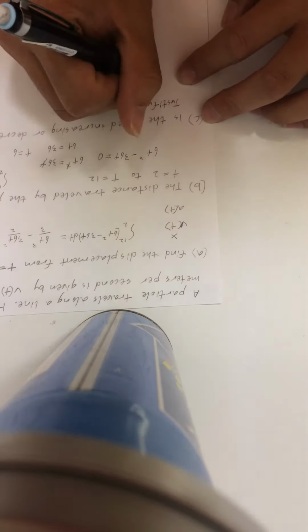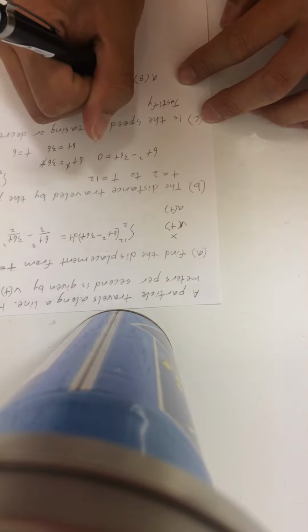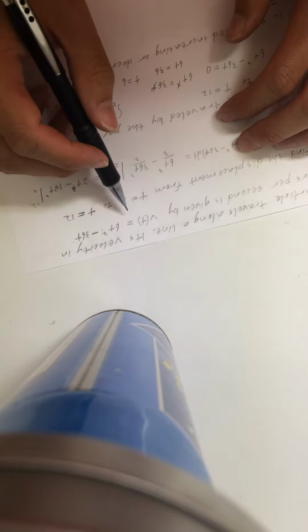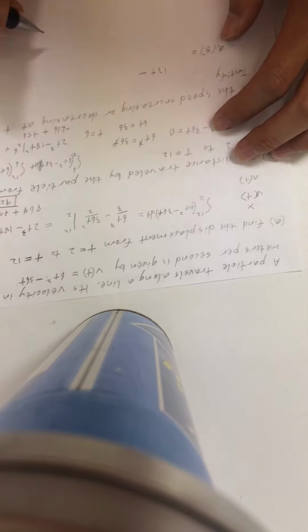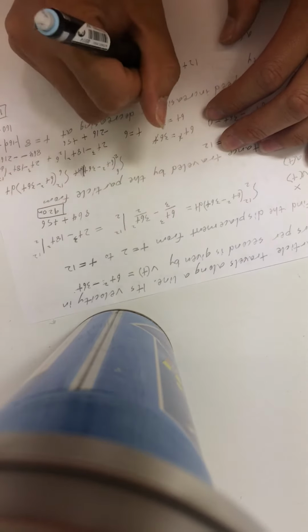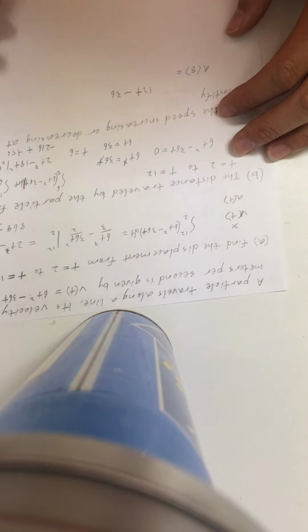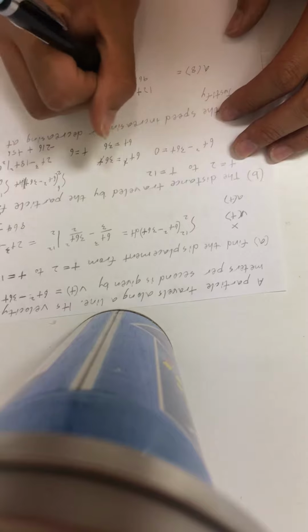So with this, acceleration at 8 would equal taking the derivative of this, which would be 12t minus 36, and putting 8 in for t, that would give me 96. So 96 minus 36, that would be a positive number at the end. So I know that my acceleration is positive.